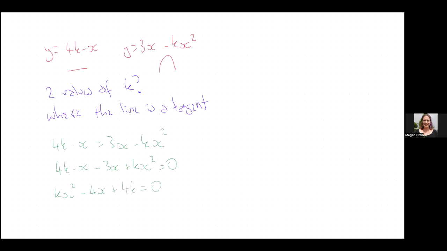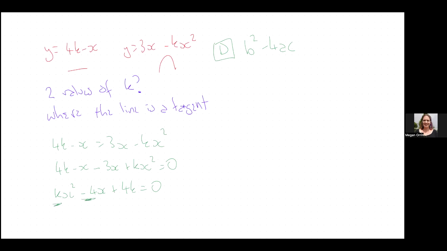All right, so I am being told this is a tangent. So what does the discriminant equal? 0. Right. So my discriminant is b squared minus 4ac. So what's b? Negative 4, right? Remember, so this is a, b, and c.